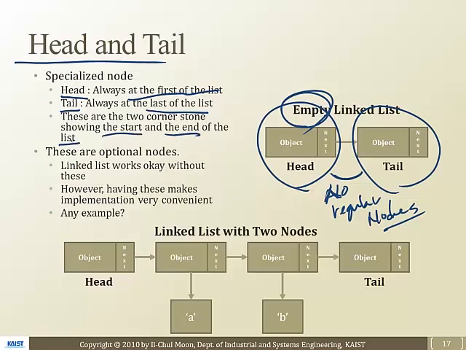By knowing where the head is, we can access this linked list. Okay. And these are actually the optional nodes. A linked list can work okay without head and tail, but the coding becomes quite tricky, right? So we just want to add these two in between these regular nodes, right?